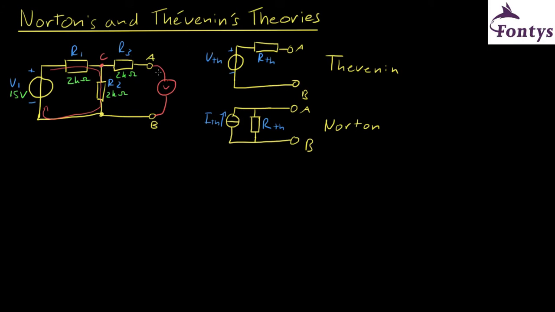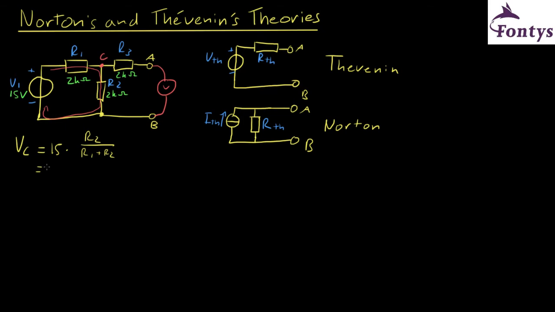To calculate the open source voltage, we have to calculate the voltage at point C, which, as you can see, is just a simple voltage divider. So to calculate the voltage at point C, we have to take the input voltage, which is 15 volts in this case, times R2 over the sum of the two resistors, which is R1 plus R2.